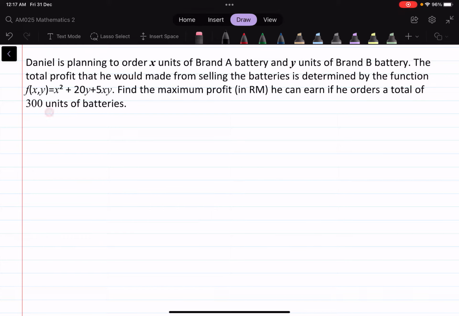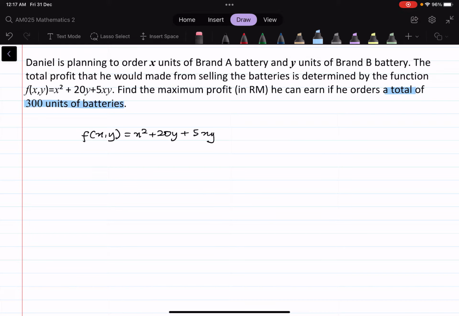So our function f(x,y) equals x squared plus 20y plus 5xy is subject to the constraint. So what is our constraint? If you can see here, he orders a total of 300 units of batteries.